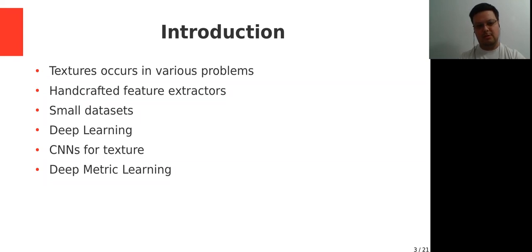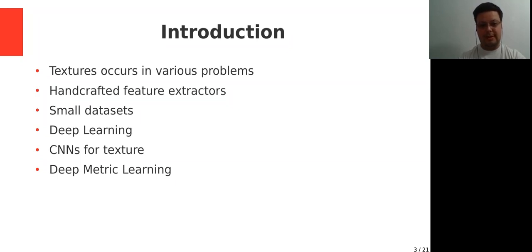But when we started to go towards the deep learning architectures, we faced another reality. Deep learning got popular with the ImageNet dataset, which is very big. With a small dataset, deep learning is kind of problematic because we have a lot of parameters to train.